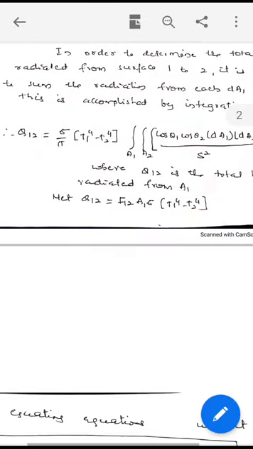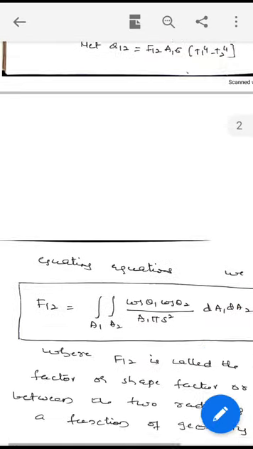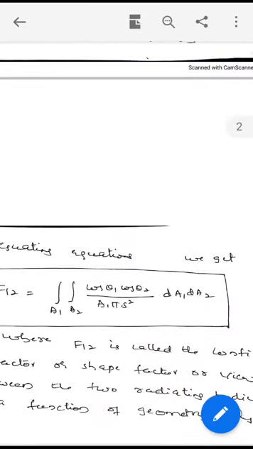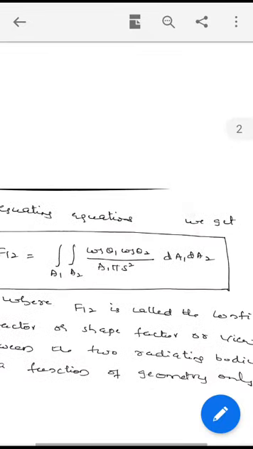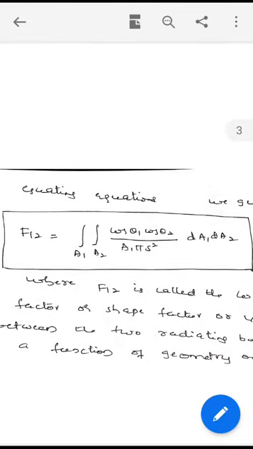Comparing these two, we get F12 equal to the integration of cos theta 1 cos theta 2 divided by A1 pi S square, dA1 dA2. This is the expression for the shape factor.